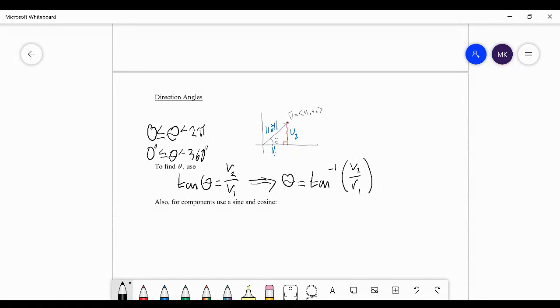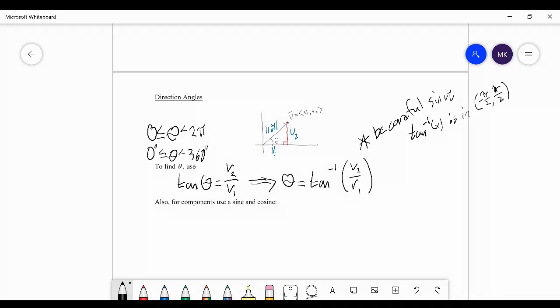Now we have to be careful with that because, I'm going to leave it like this, but I'm going to put a little asterisk. Be careful, since inverse tangent of x is in negative pi over 2 to pi over 2.